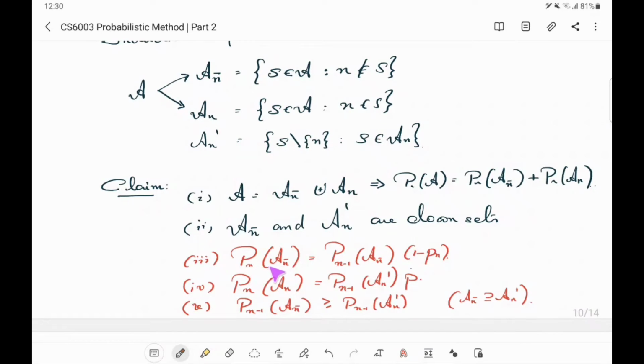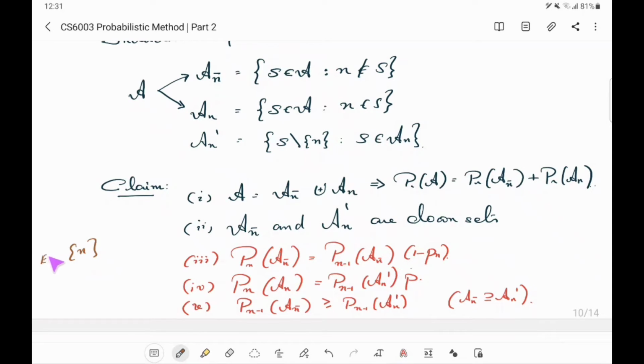Now you see suddenly I have started introducing a subscript for probability. That is because from this point onwards, I will be considering two random experiments at the same time. One random experiment is picking a subset of n according to this probability vector p1 to pn.